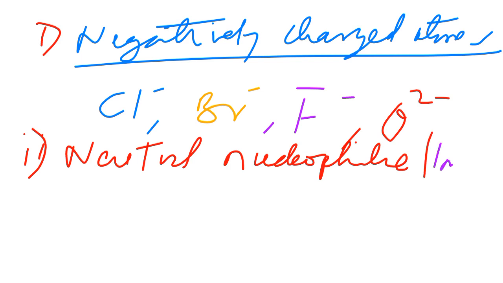This is what we call a neutral nucleophile. It means that I have free electrons that are free from the atom or molecule. We can take an example like ammonia, which has a lone pair this way. Also we have water.